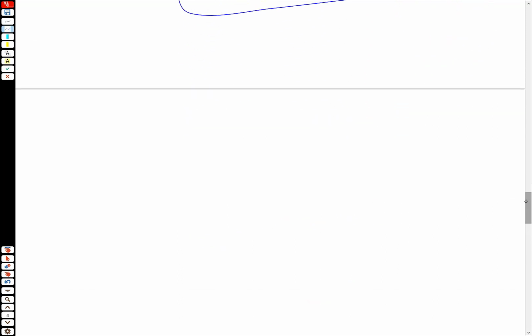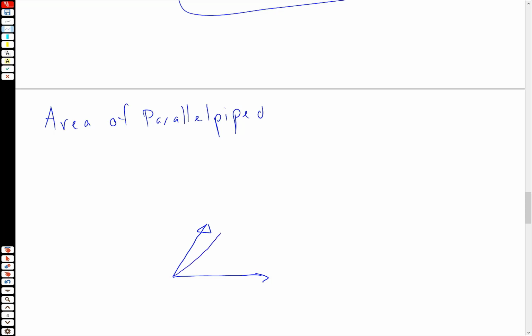The last thing I want to talk about, and you can read this in a little bit more detail in your book, is the area of a parallelepiped. I hope I'm spelling that right. So let's say we have u and v as drawn here, and we have another vector w, which we'll draw sort of like this.